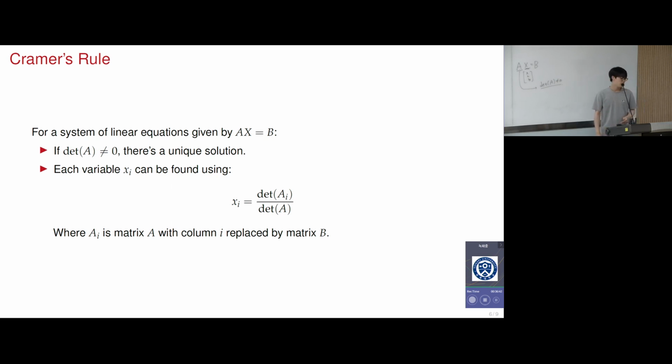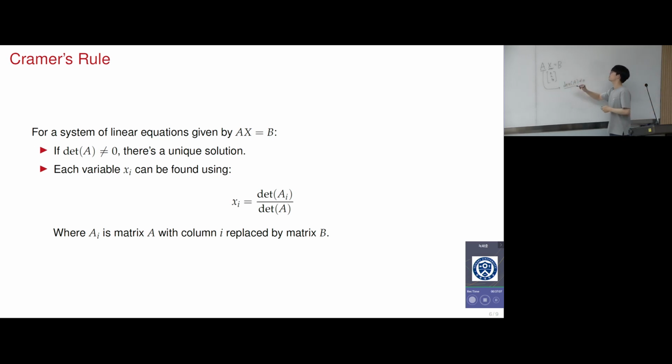So the equation is as follows. I've written it on the slide. For each variable, xi can be found using this. What does this mean? I think it's easier to understand if B is also a column vector.